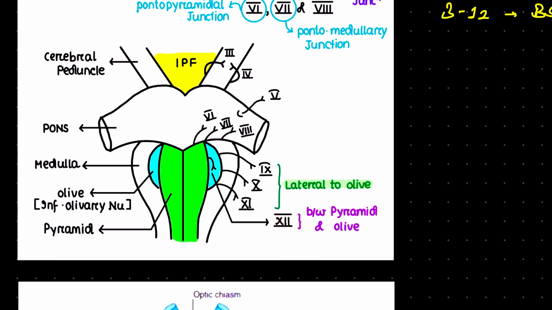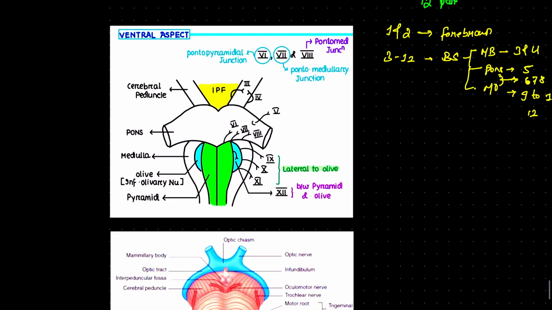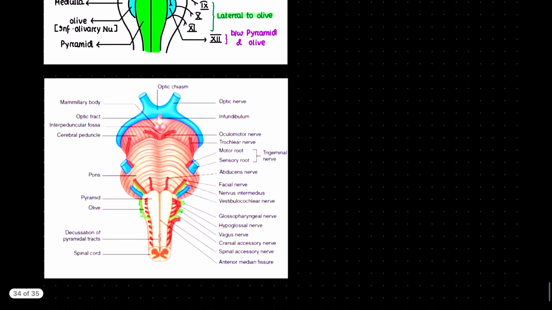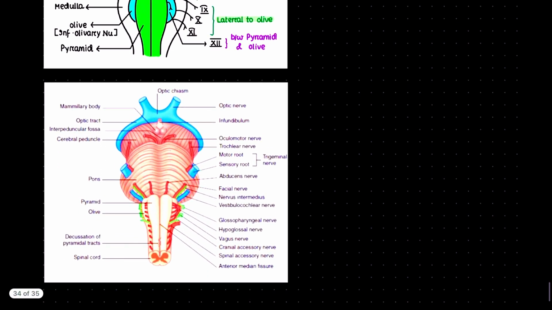So they will be involved in the syndromes of the brainstem in which there is loss at the midline. If there is an injury or lesion in the midline, then the motor nerves that are present close to the midline will be affected. The same thing I would like to add right here in this diagram also.